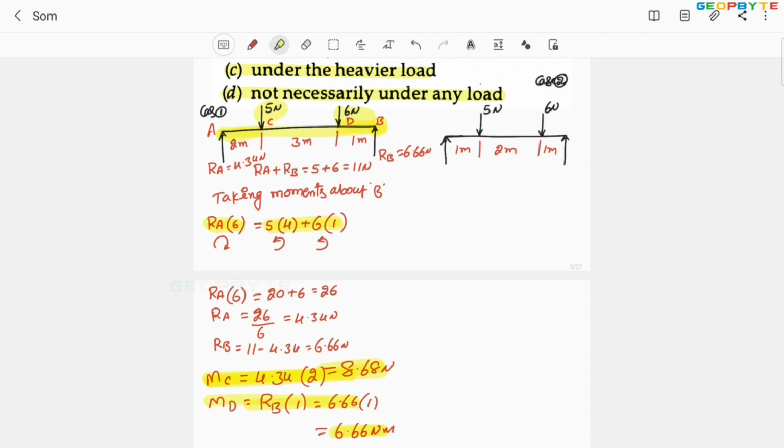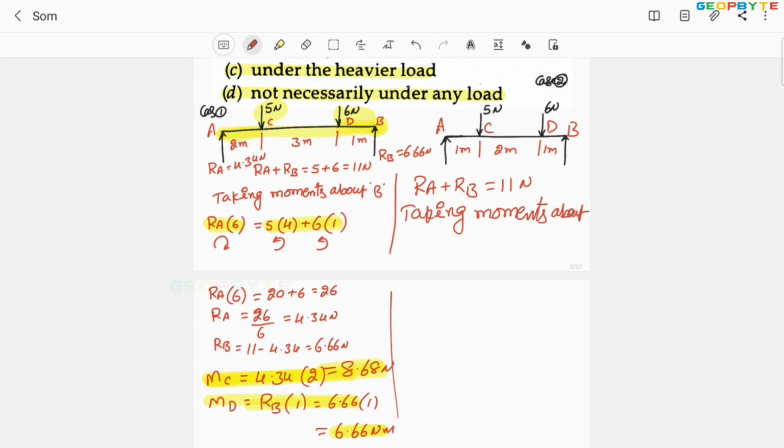Let us take the other case. For this case, these are A, B, C, D. RA plus RB equals 11 newtons. Taking moments about B, this is RA, this is RB.